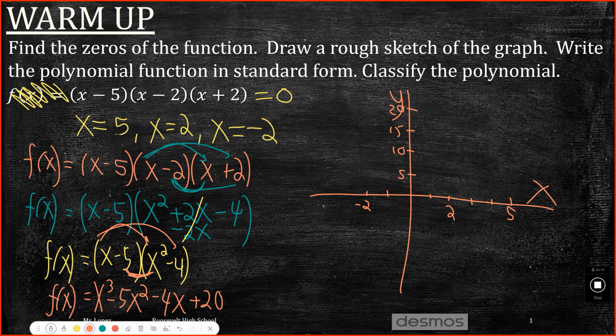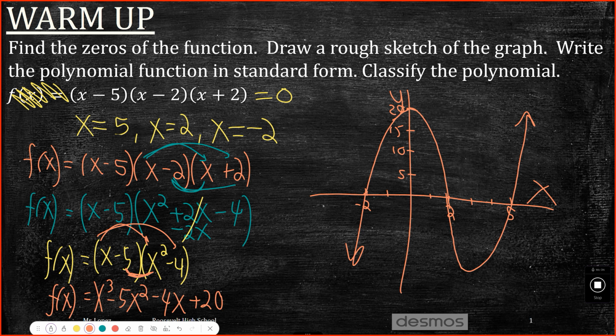Then maybe you can get a better idea of what exactly the graph would look like. So it's going to go something like this. I don't know if it's going to turn there. Maybe, maybe not. But definitely it's going to go through there. It's going to go down through there. And then I don't know how low it goes. Then it goes through 5. And that's as best as I can do without a graphing calculator.